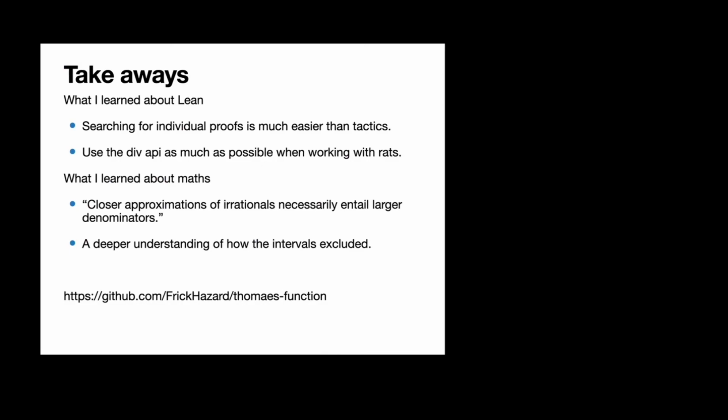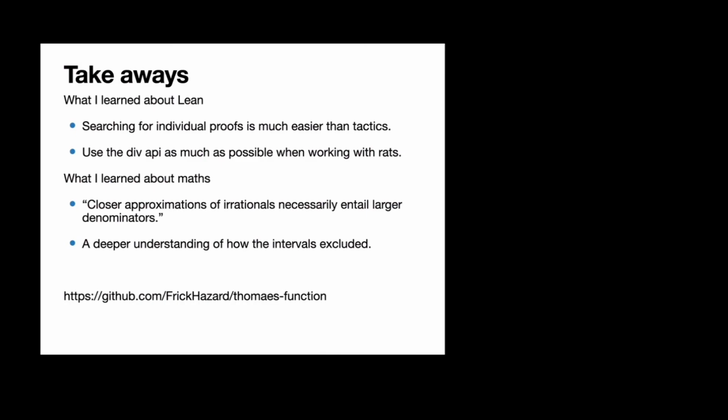The second point I learned during this project is that you want to use the div API as much as possible, and then only use the rational API when you need to use things specific to the construction of rationals, for example, such as the fact that the denominator and the numerator are coprime.